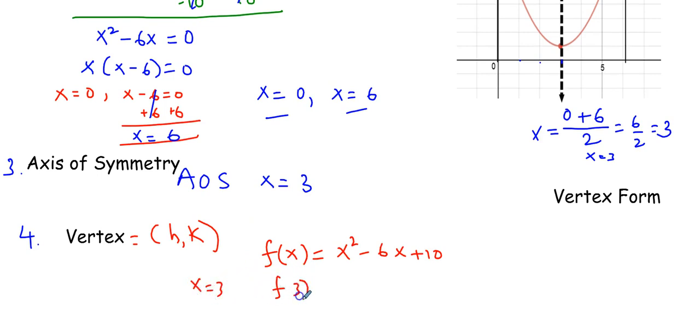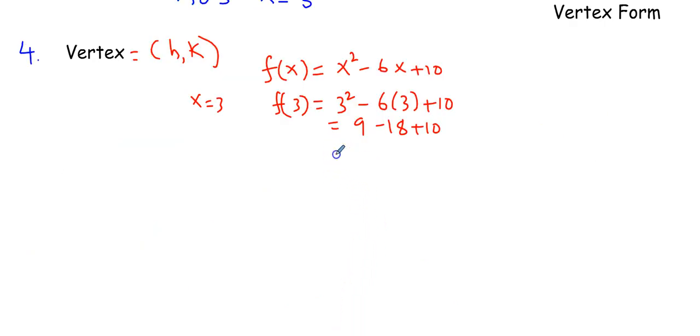So f of 3 is equal to 3 square minus 6 times 3 plus 10, which gives me 9 minus 18 plus 10. So that is 19 minus 18, which is 1. f of 3 is equal to 1. That f of 3 is nothing but the y coordinate.